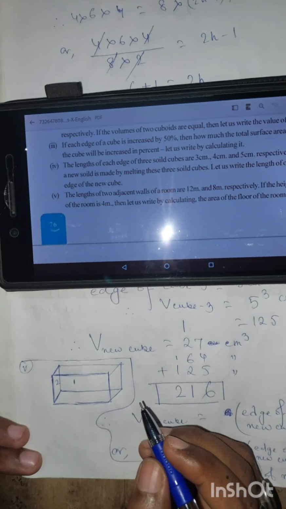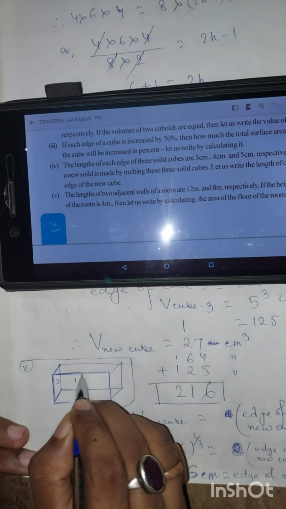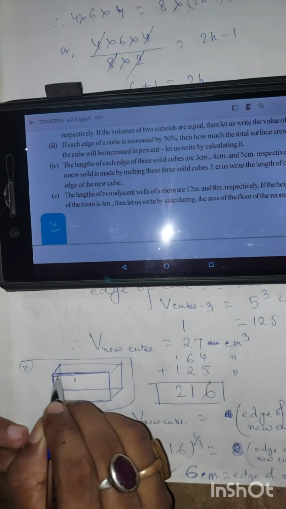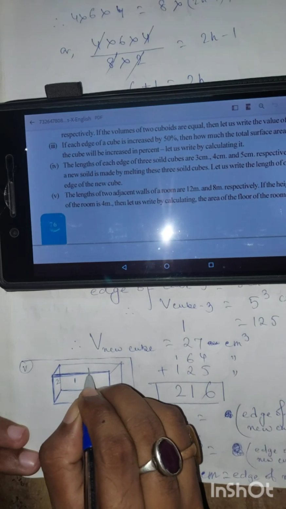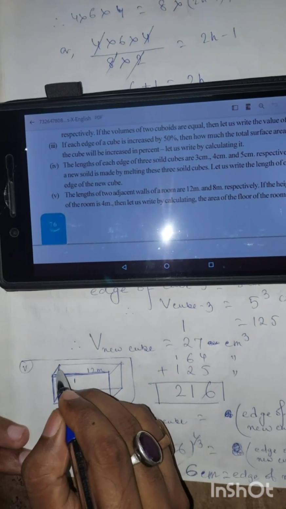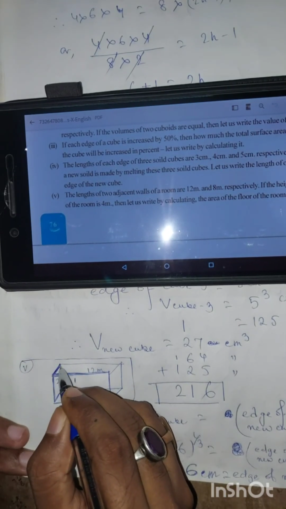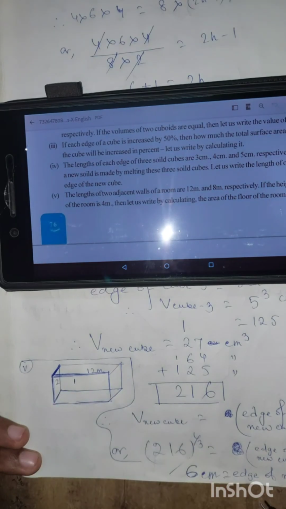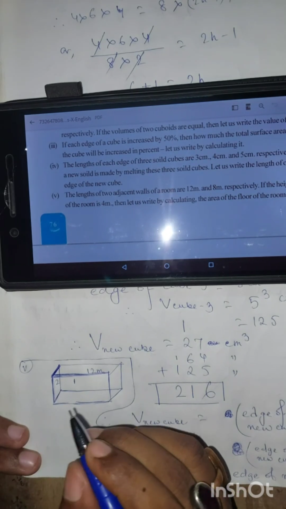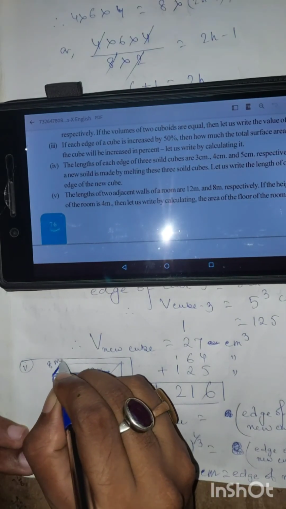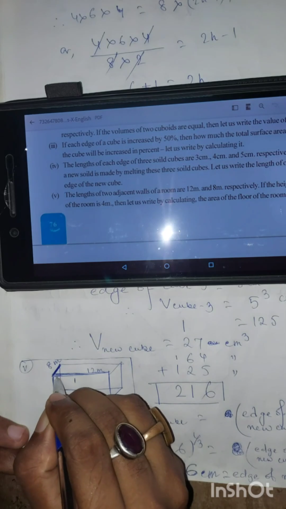So the length of this wall is 12 meter, and the length of wall 2 is 8 meter.